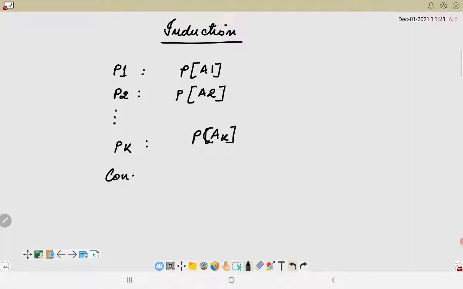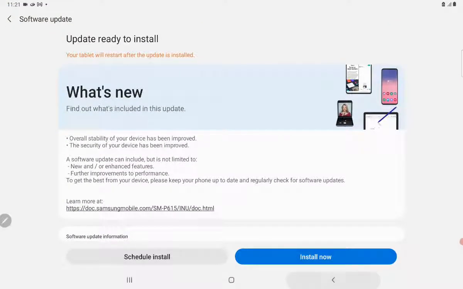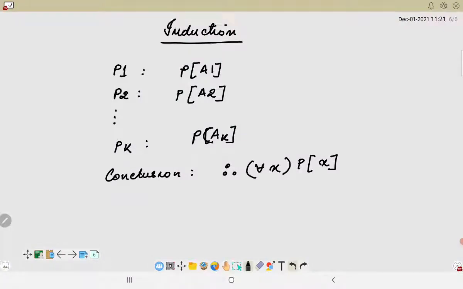Then what can we conclude? The conclusion would be that therefore for all x, P of x is true. So induction is such a condition that if we find a statement is true for a number of cases, that means it is true for 1, 2, and K, and in between as well, so we assume that it is a universal truth.